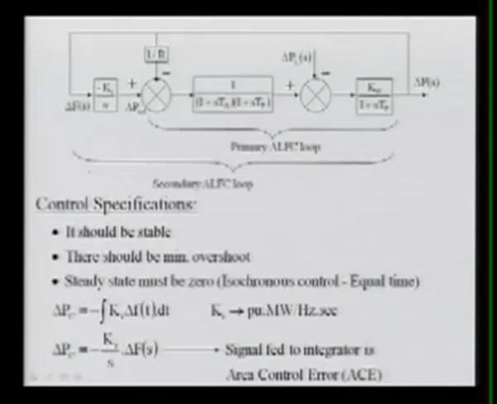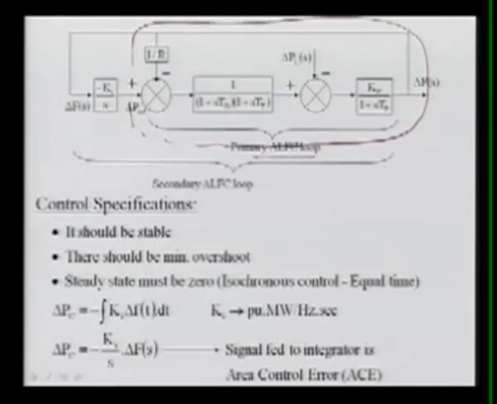In this block, what you can see is nothing but the primary ALFC loop, the primary automatic load frequency control loop. Now here we are adding this P reference, that is PC, which we are going to change, and the frequency we want to be integrated.